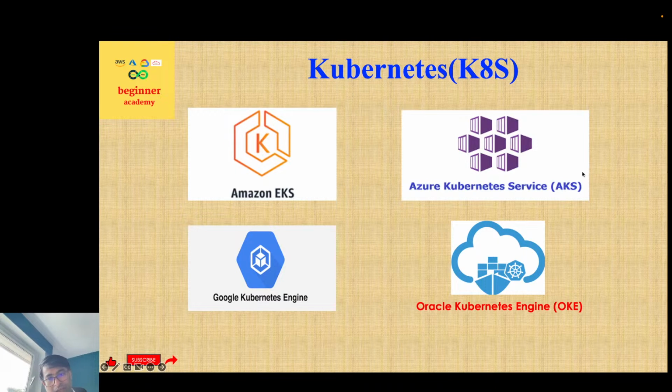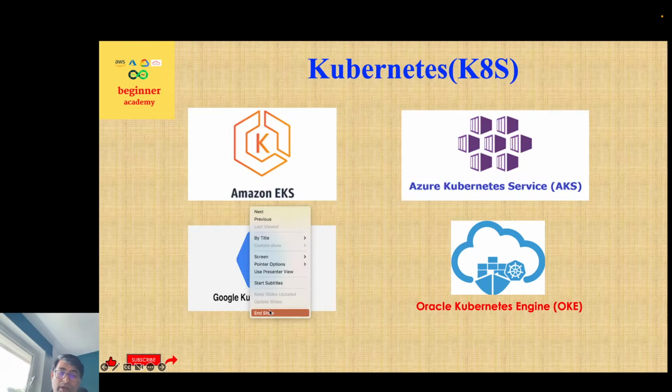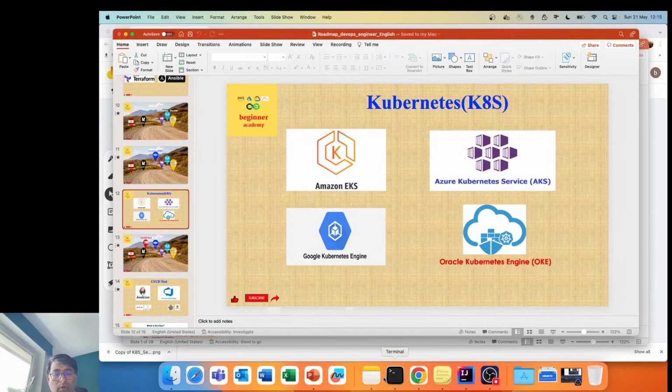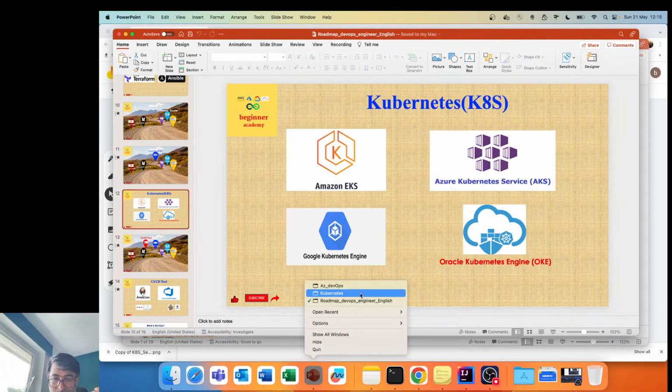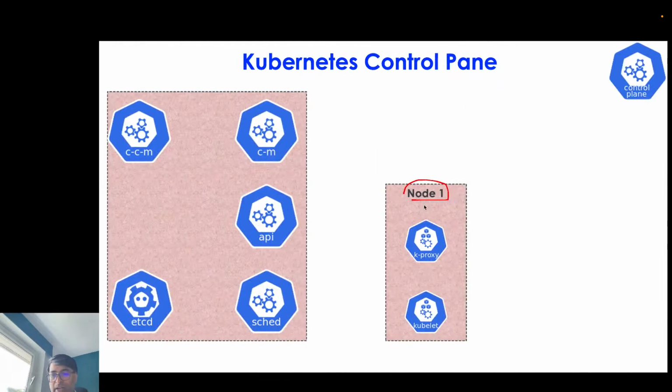Azure came up with AKS. Google came up with GKE, Google Kubernetes Engine. Oracle, OCI, came up with OKE, which stands for Oracle Kubernetes Engine. Due to the popularization of Kubernetes, all the CSP providers started giving their own version of Kubernetes cluster.